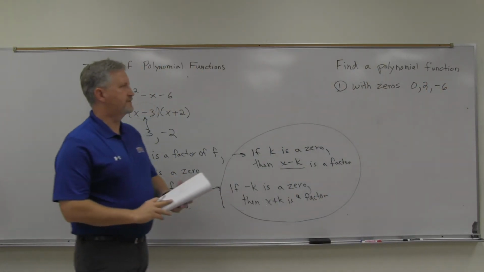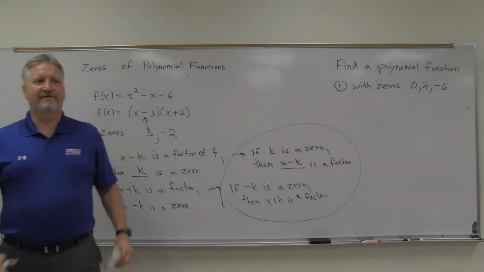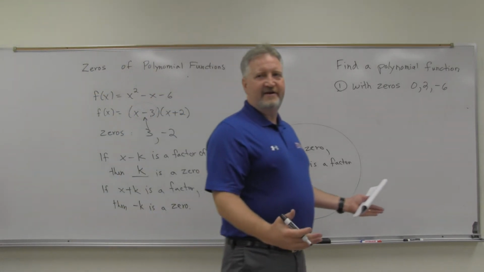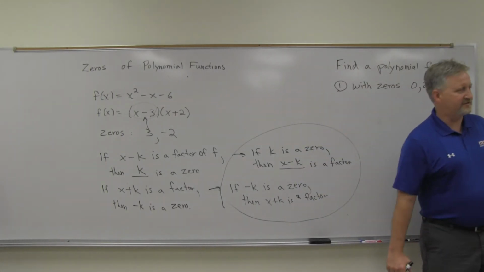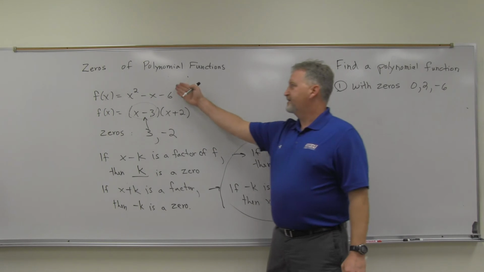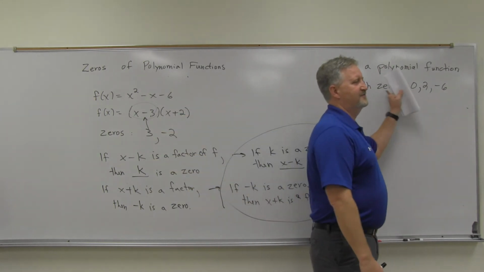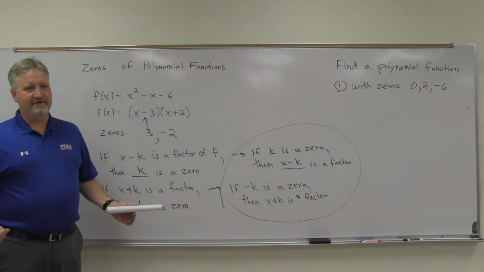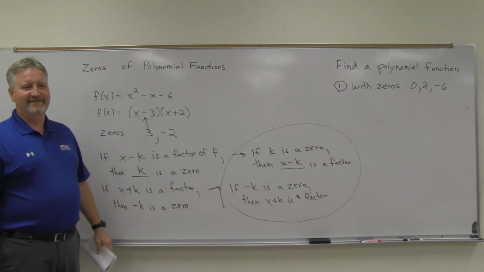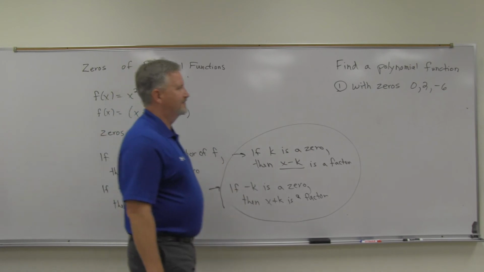Essentially, what we're doing here is the reverse of what we were doing on the previous problems. Previously I was saying, here's the function, find the zeros. Now I'm saying, here's the zeros, find the function. We're going to use this fact here.